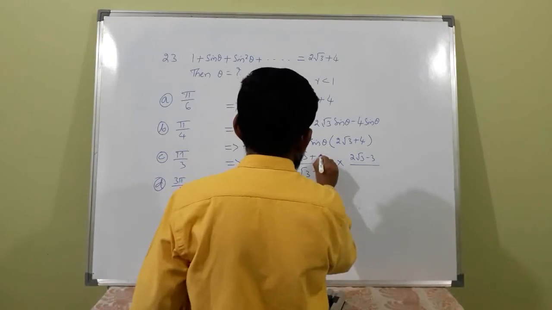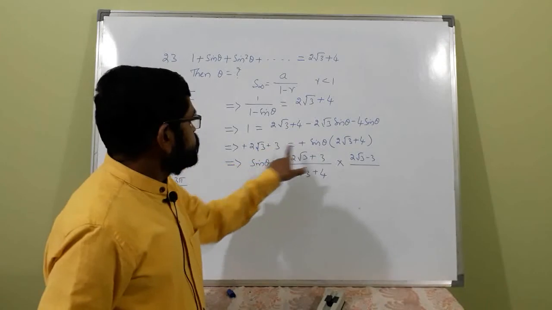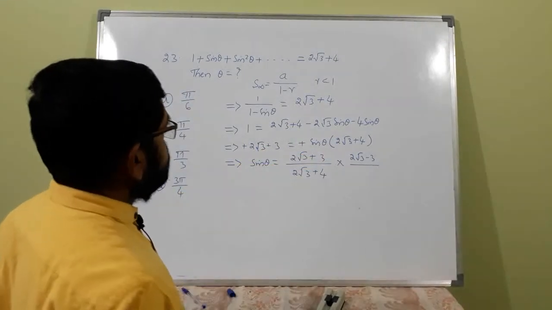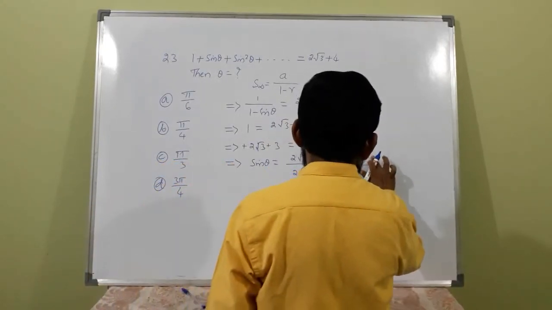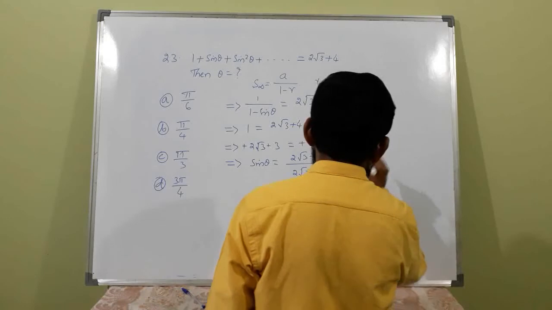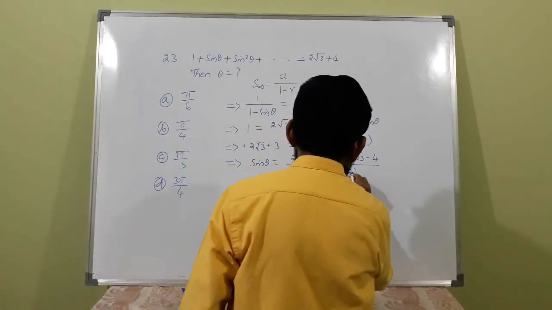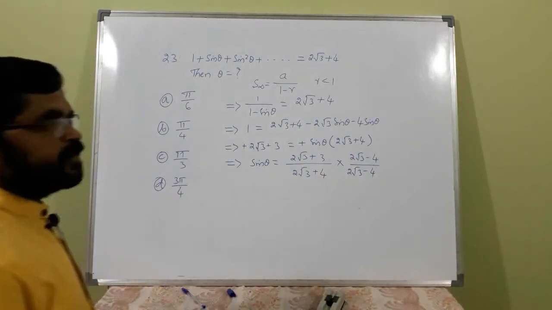Sin theta is equal to this factor divided by 2 root 3 plus 4. So multiply by the conjugate, 2 root 3 minus 4.